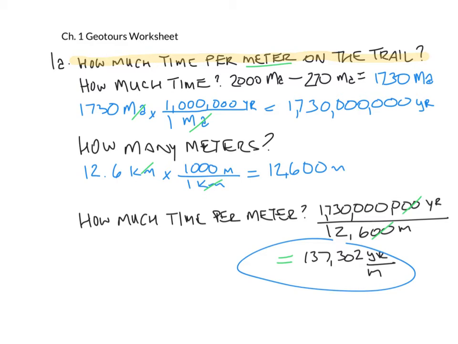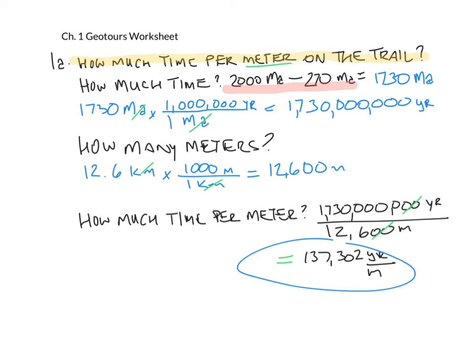And at the Grand Canyon, we have over a mile thick worth of rock, and that's a tremendous amount of geologic time recorded there. In fact, as we see here in the problem, that is including going from 2,000 million years ago, also known as 2 billion years ago, to 270 million years ago.